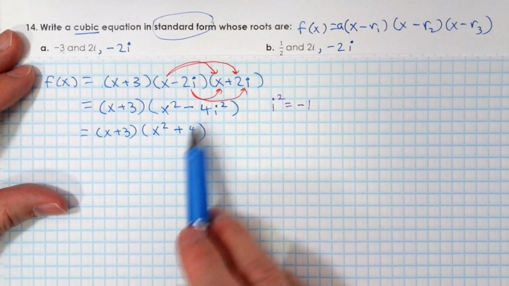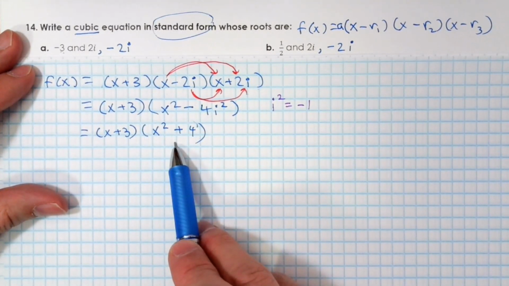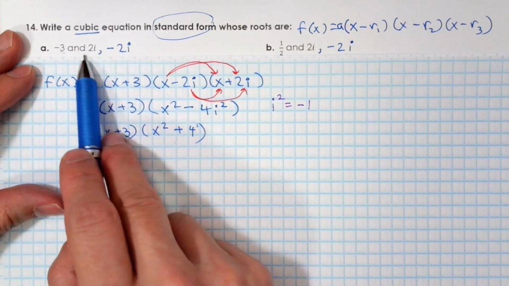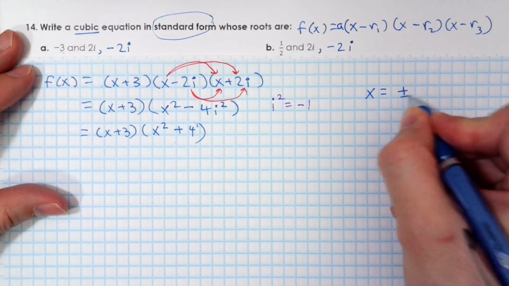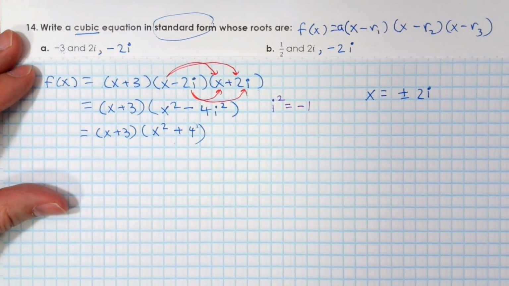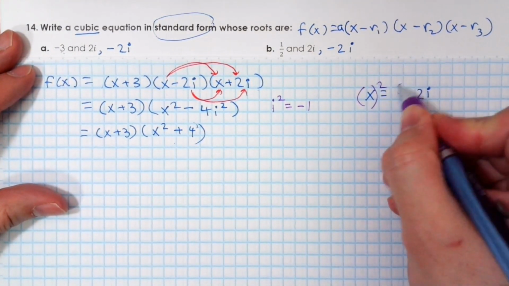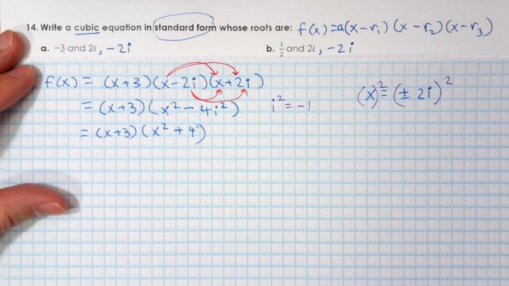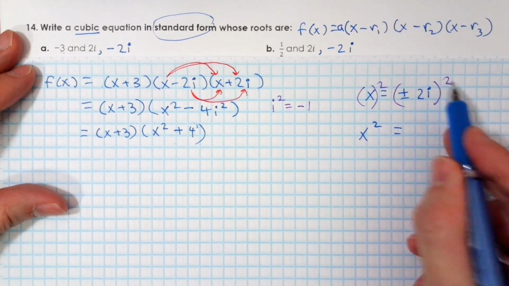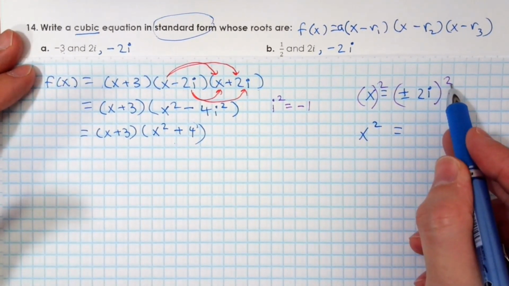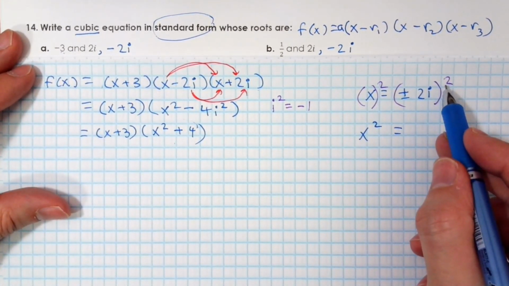One of the weird shortcuts to come up with this: oh, these roots are plus or minus 2i, so you could say x is plus or minus 2i. Square both sides. X squared. Positive squared, negative squared, plus or minus squared is just going to be positive.